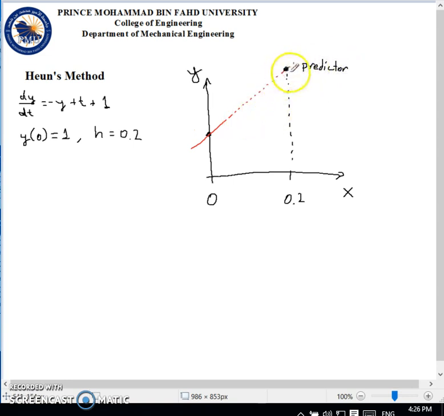So, at the predictor, we'll ask the ODE again for the slope. So we have dy/dt at t is 0.2, and the slope will be this blue line.